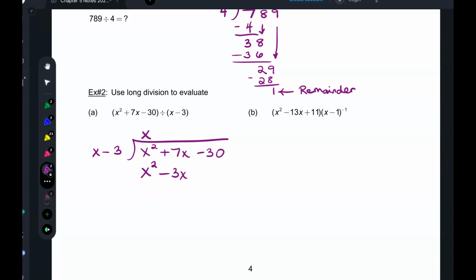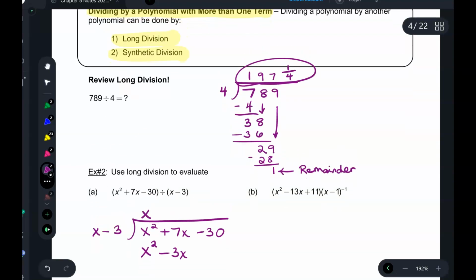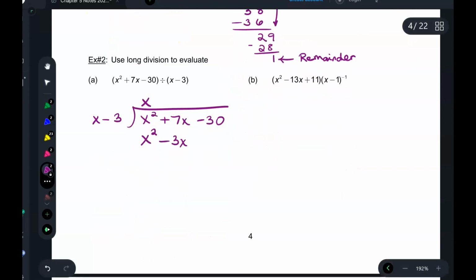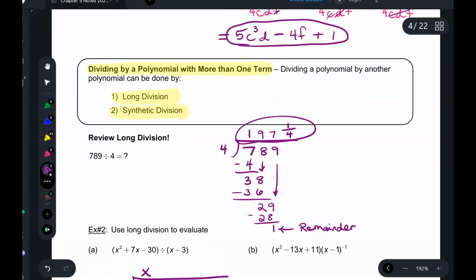Let me pause there. Just make sure, did we understand that process? Do you remember when we had to multiply here? You need to multiply both parts, you're distributing. But why are you only looking at the x to get x squared? Why, when we divided, did we just look at the 7 first?